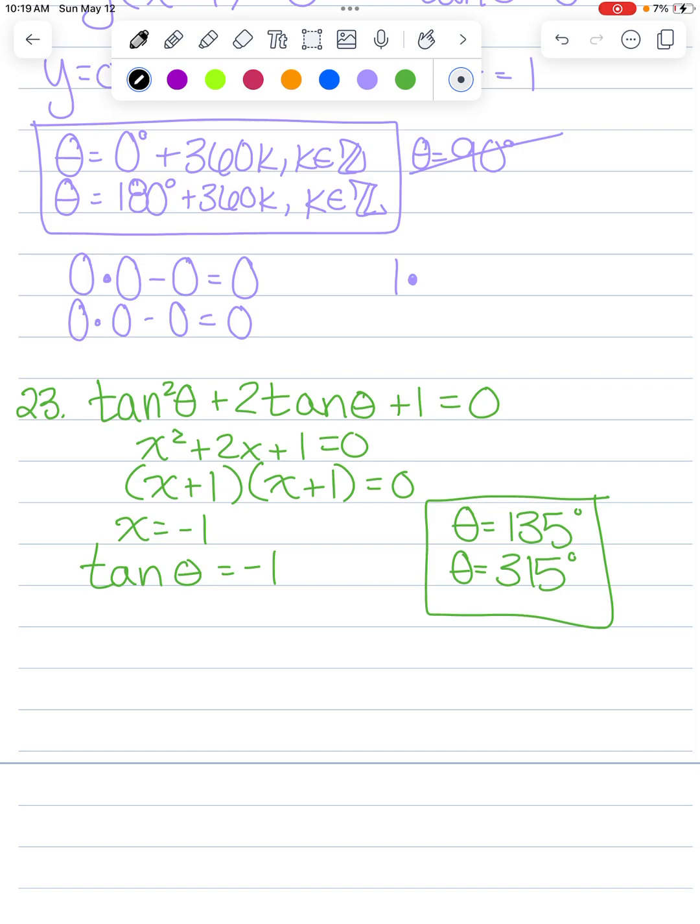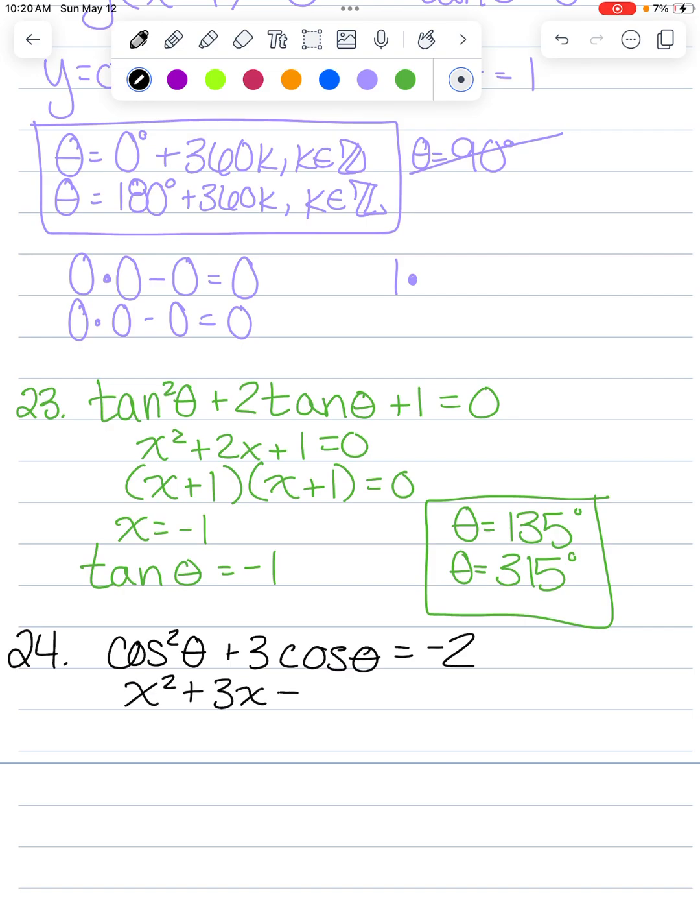Okay, what was it, 23 through 25? Yes. 24. Cosine squared theta plus 3 cosine theta is equal to negative 2. Oh, that's like x squared plus 3x equals negative 2. Okay. Get it equal to 0 by adding the 2 to both sides.